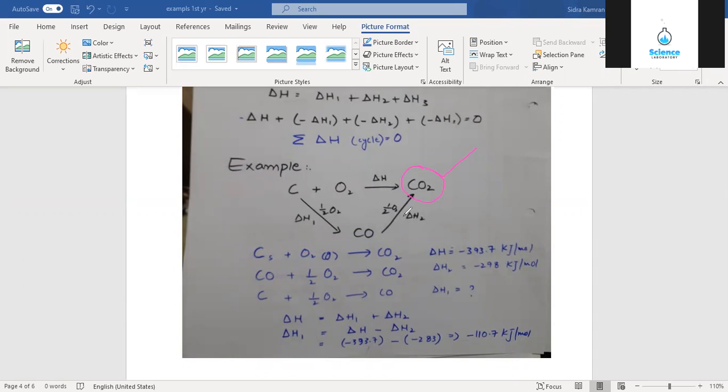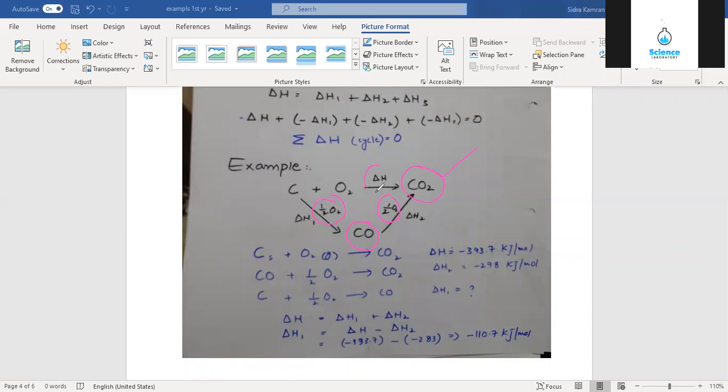There is another way to make carbon dioxide indirectly by two pathways. One pathway is by reacting carbon with half mole of oxygen. First make carbon monoxide, then this carbon monoxide reacts with another half mole of oxygen and makes carbon dioxide.